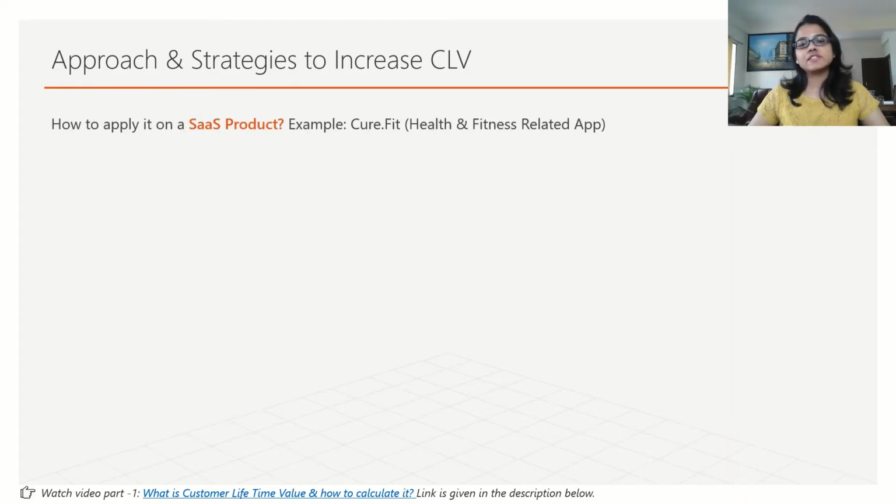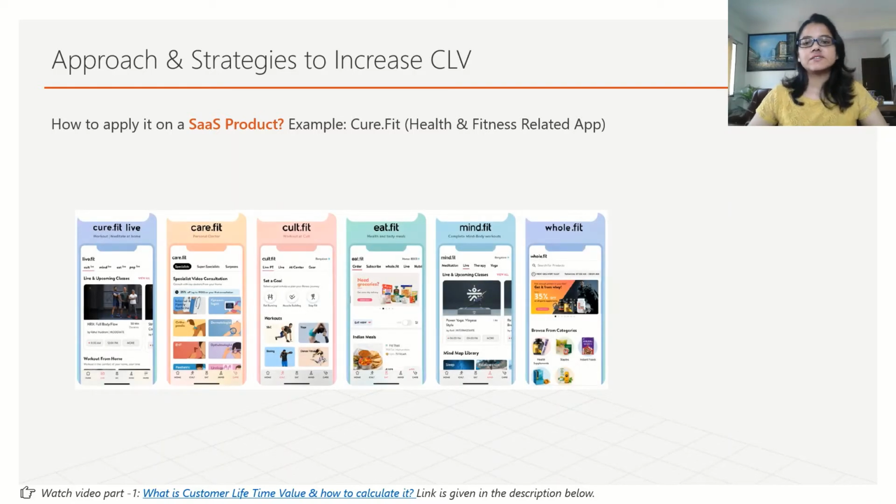And for the sake of explanation, I'm going to use a health and fitness related app in India, which is called CureFit. So CureFit is trying to create an ecosystem around healthcare, and they provide services like trainer-led workout sessions, online and offline, and they have food ordering options through the app, and they are also providing online doctors consultation and lab test.